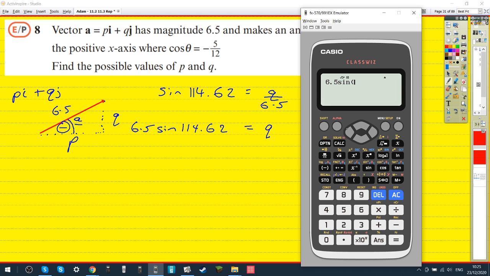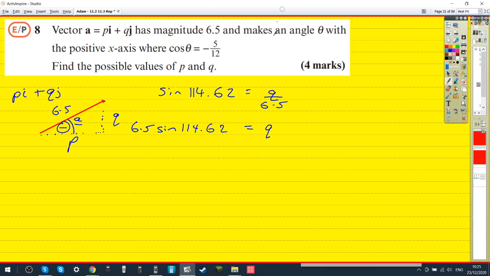So it's the sine of arccos of minus 5 over 12. Nope, that's 5.9, not 6. I thought it might be 5.999 something. Okay, 5.90889.